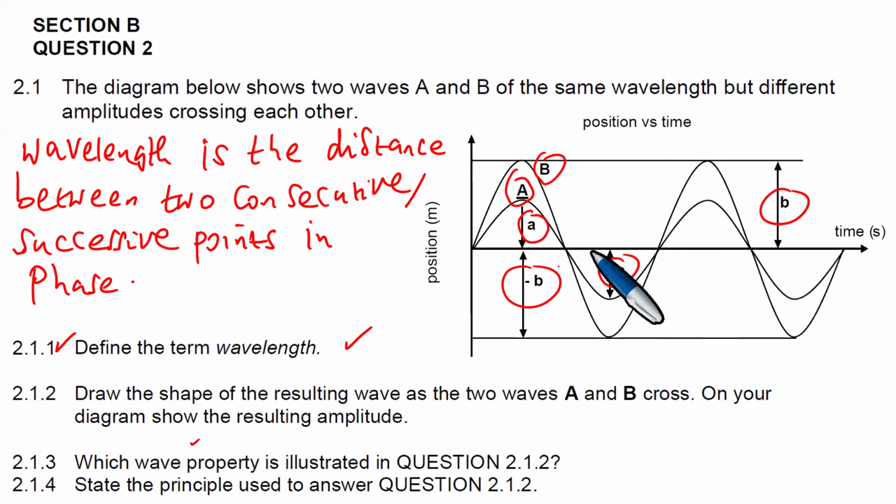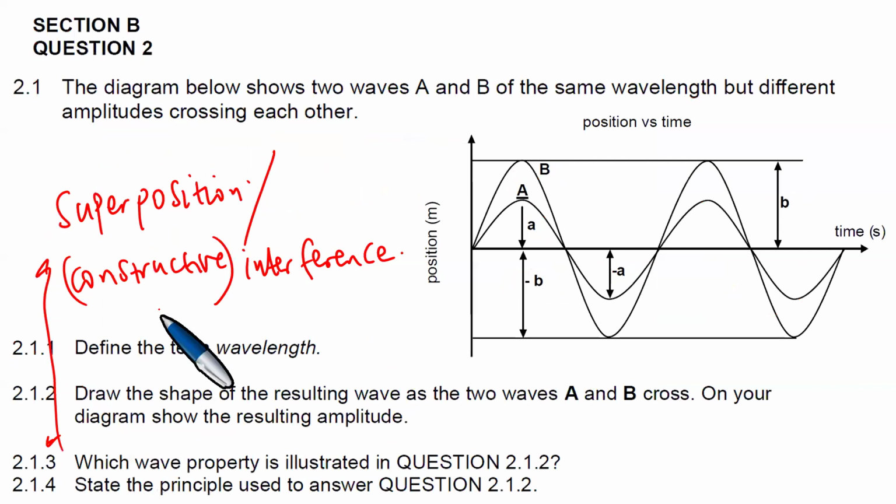So we have what you call constructive interference. Superposition means that you add the amplitudes A and B, so you get a new amplitude A plus B. That is the wave property.